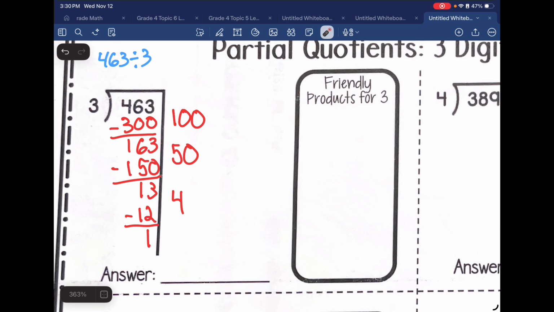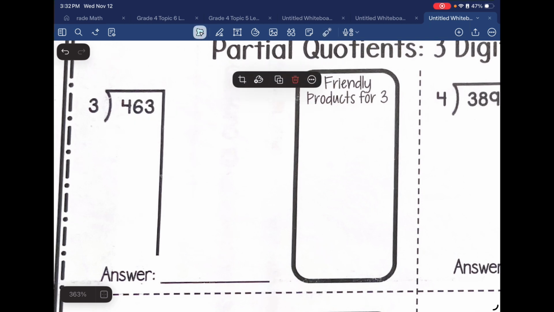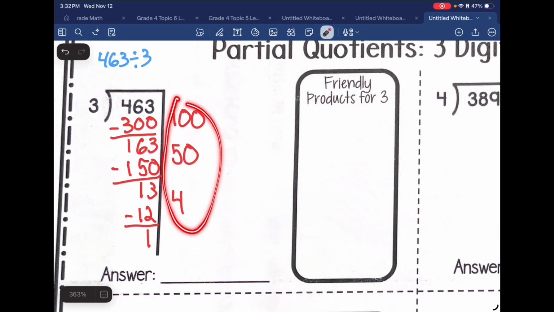Now over here, I've got my partial quotients. I've got to add these up. All right, picking up where we left off. My pen ran out, I apologize. So over here we have our partial quotients.